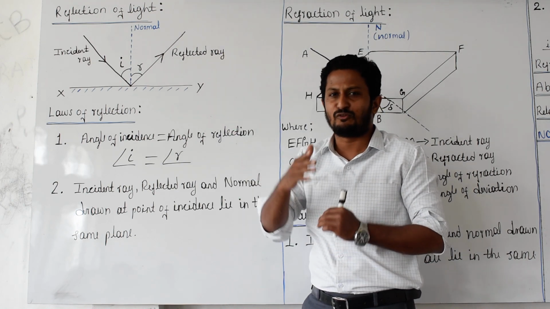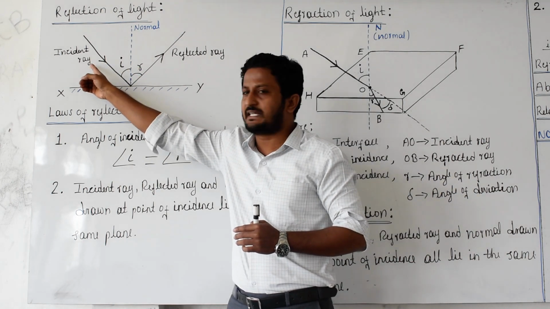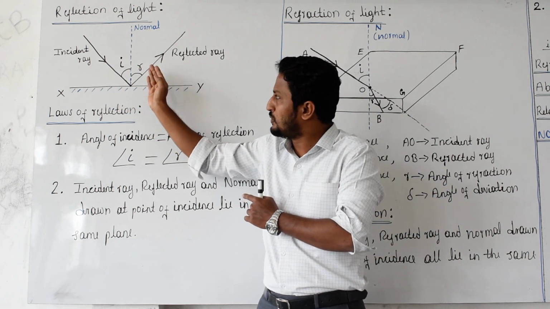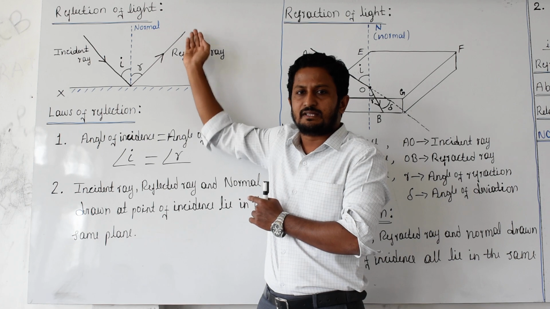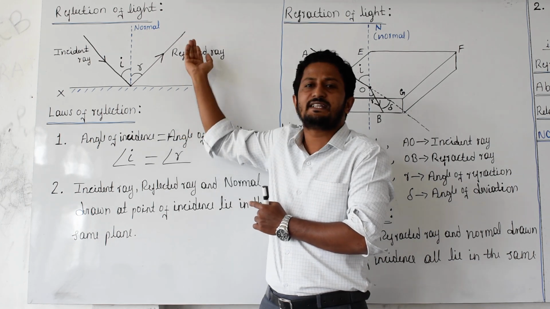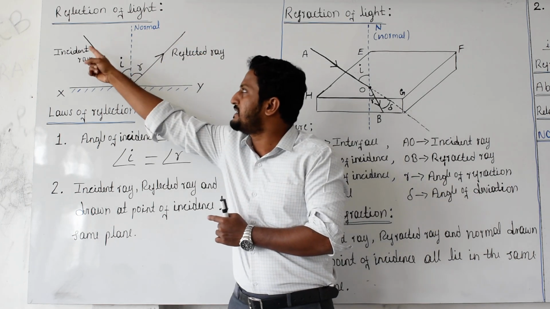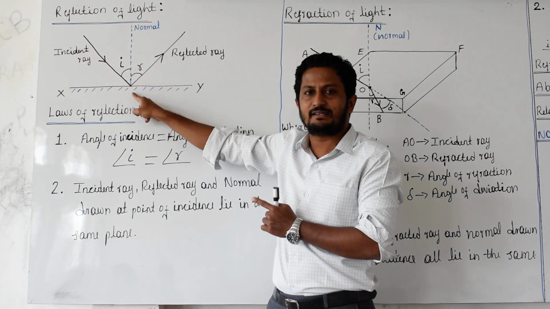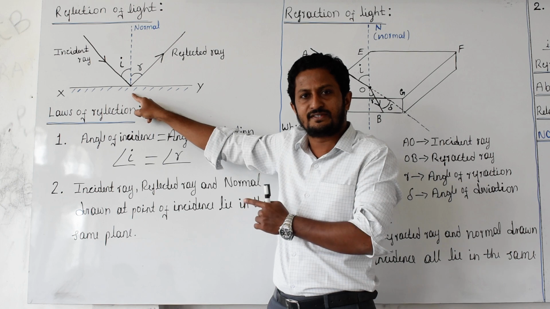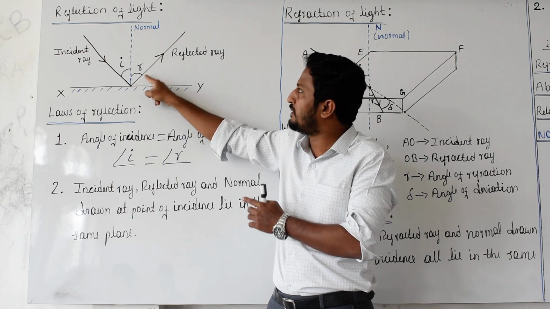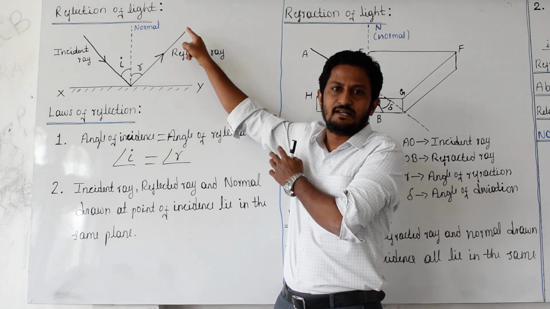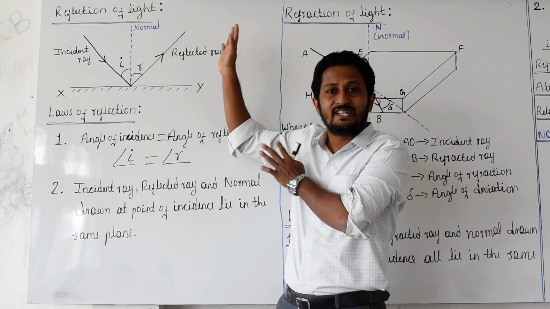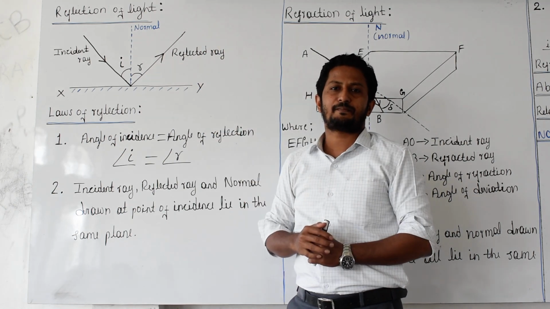From whichever medium the light ray came, the interface sends the light back into that medium. The light came along this path, hit the interface, and thereafter bounced like this, back into the same medium.